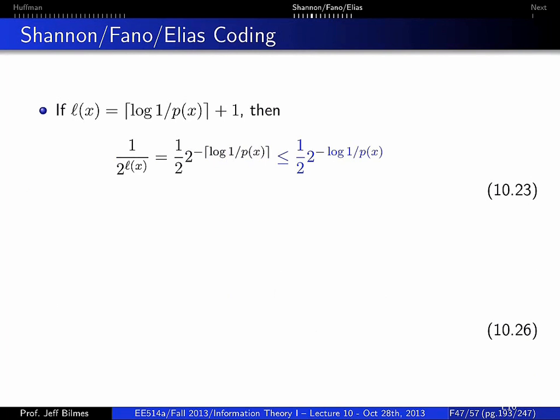Okay. And that's going to be less than this, because we're getting rid of the ceiling function, which can only slightly decrease it, which is going to increase 2 to the negative of that thing. So it's going to be slightly bigger, but now we can actually get rid of the 2's and the logs, and what we end up with is just p of x over 2. That's the value, and that happens to be equal to, just by definition, f bar of x minus f of x minus 1.